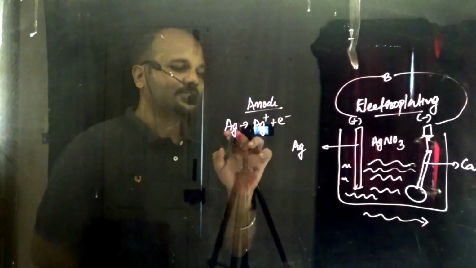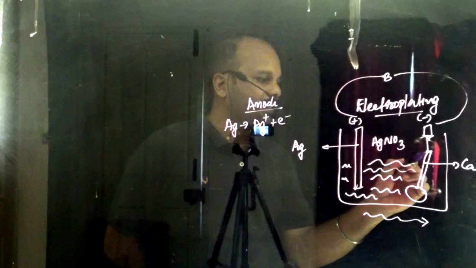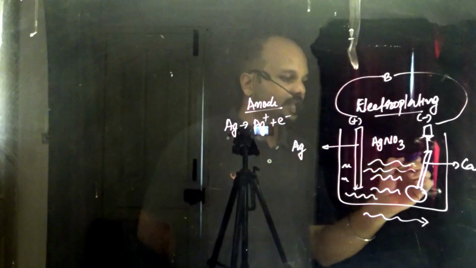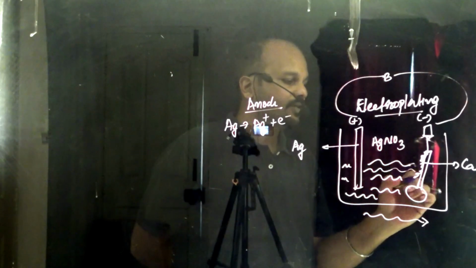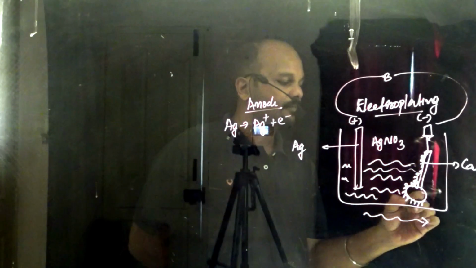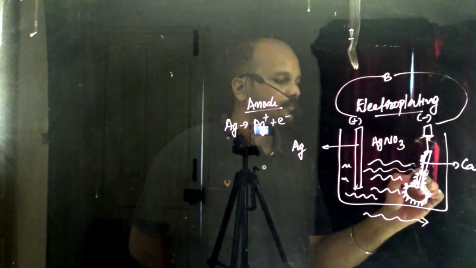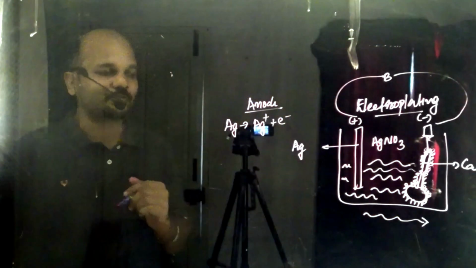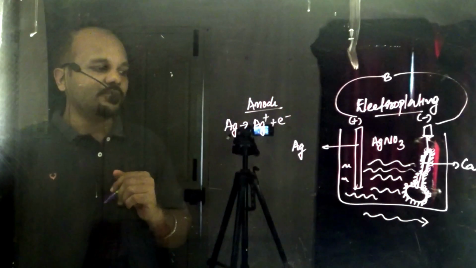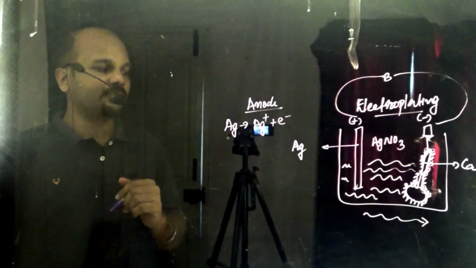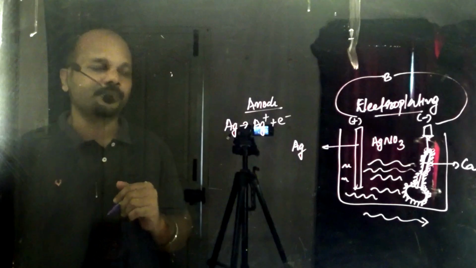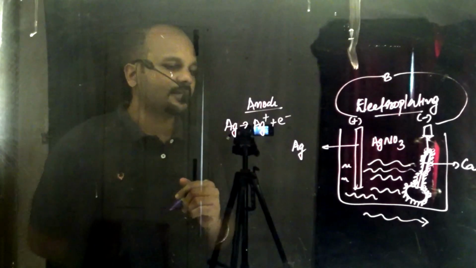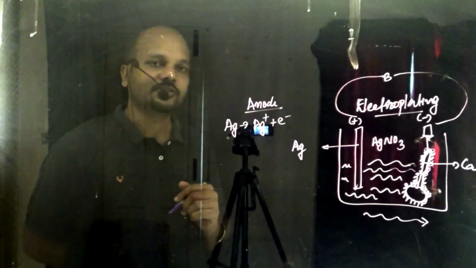So this silver will slightly coat the surface of the spoon, and the spoon is getting coated with silver.